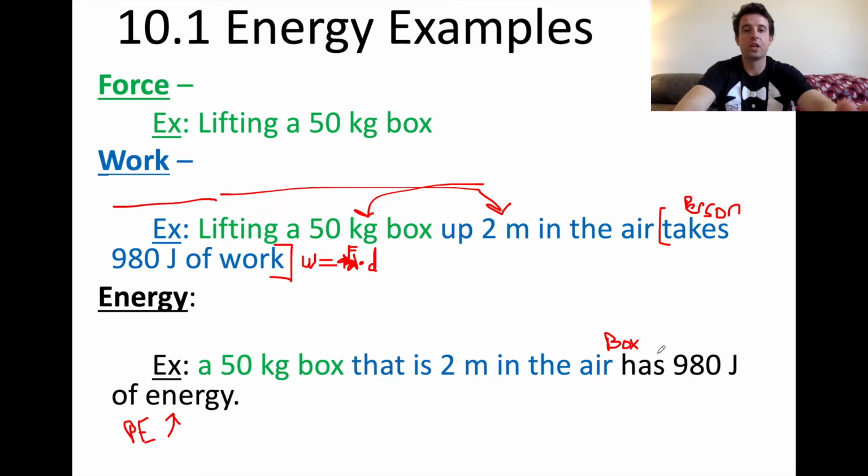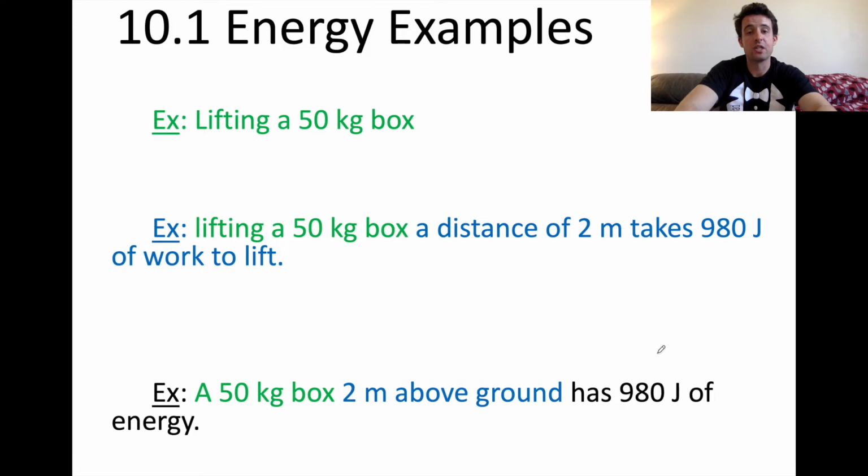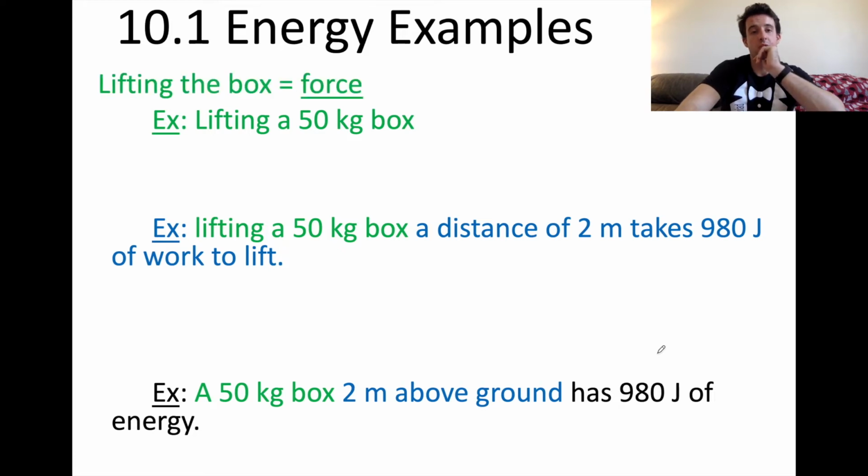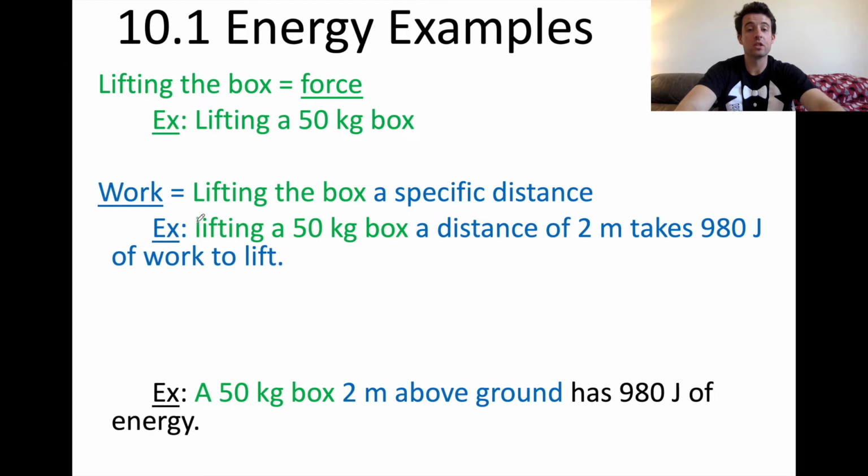So, once again, lifting a 50 kilogram box is the example. Now what we're going to say is that lifting a box, that's the same thing as a force. Hopefully that makes sense. Work is going to be lifting the box a specific distance. In fact, later we're going to talk about a formula for work. And work is force times distance.